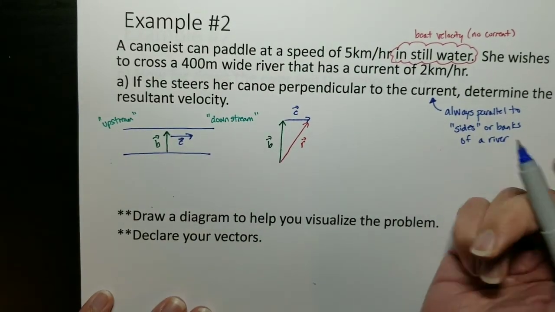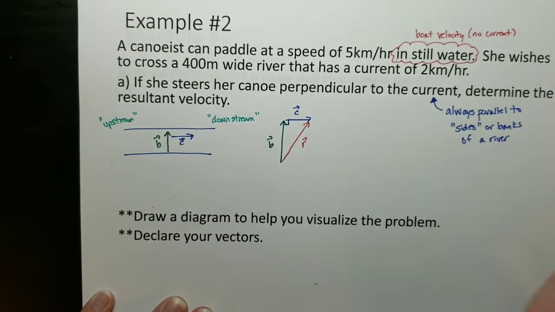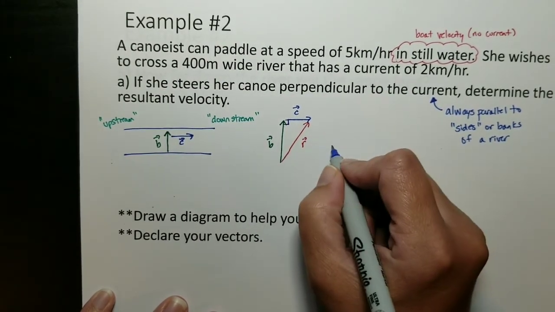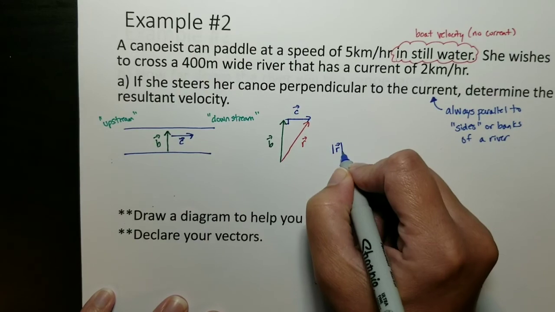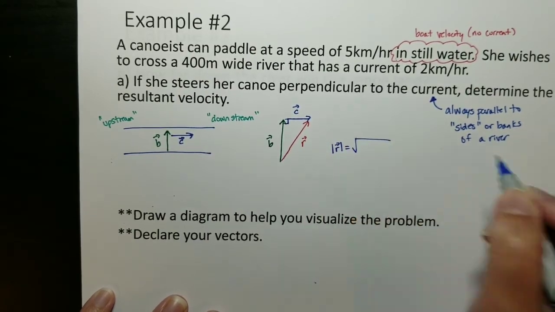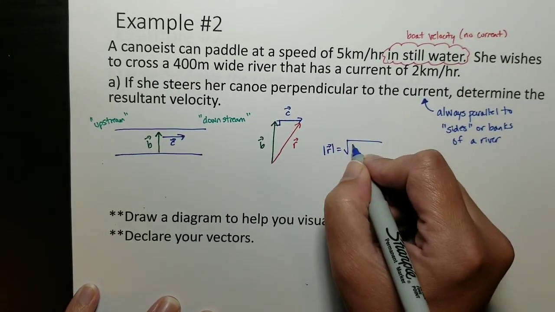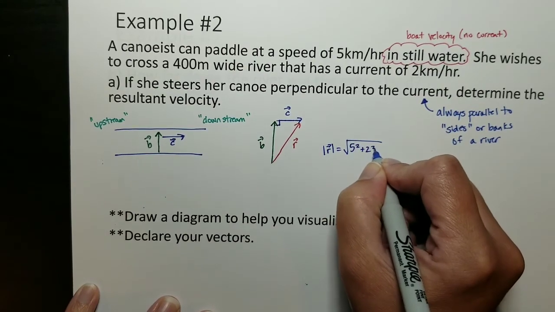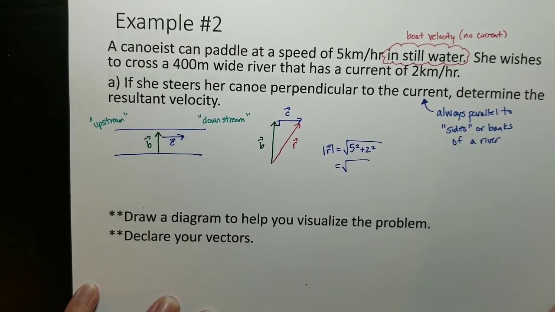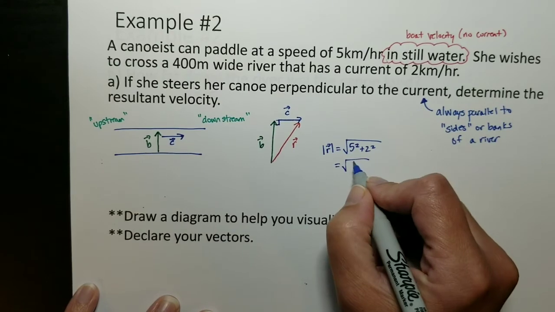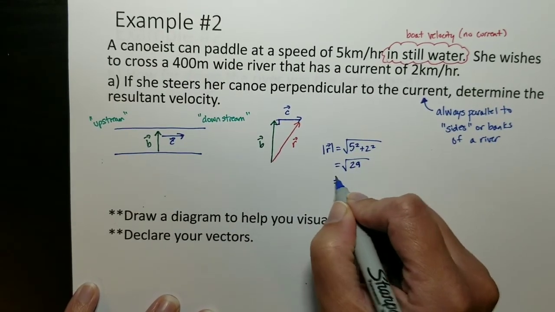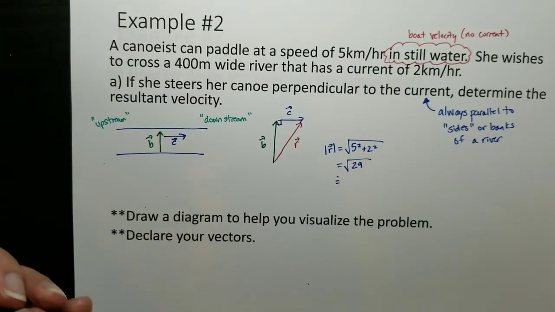So here, because this is perpendicular, we've got a nice right-hand triangle. So the magnitude of the resultant, just Pythagorean theorem here, I don't even need trig, is the square root of 5 squared plus 2 squared. Oh, I should have just used a calculator because it's a velocity.